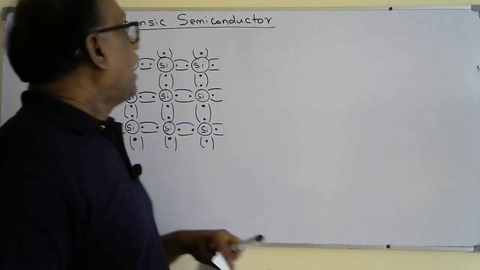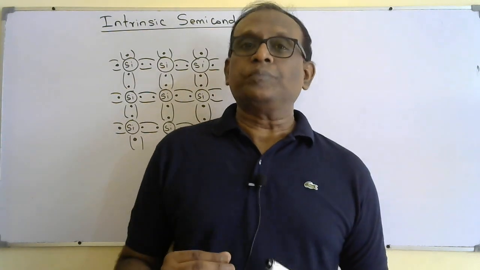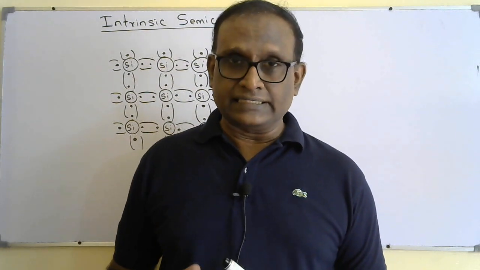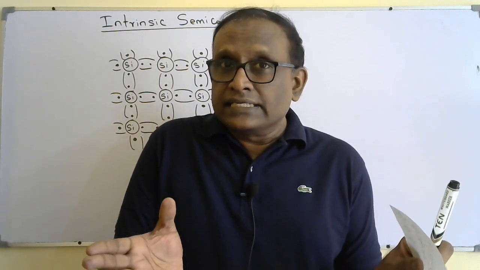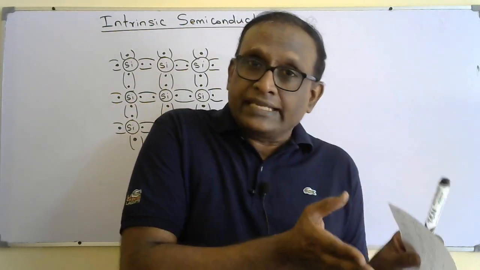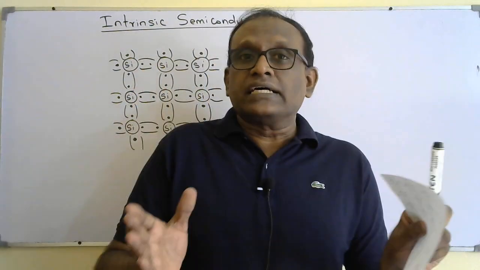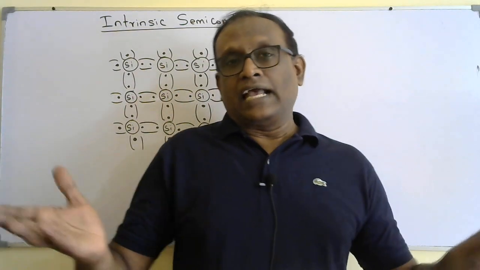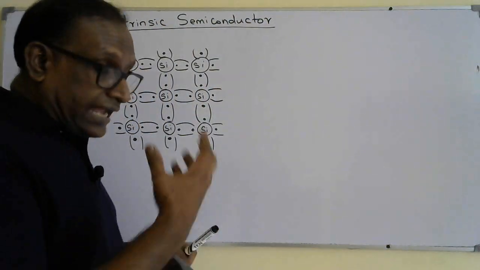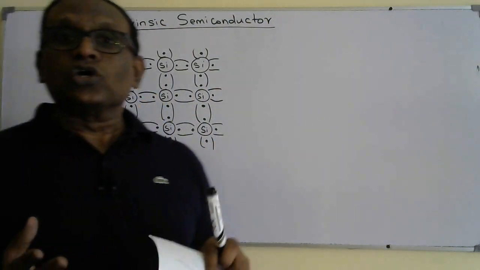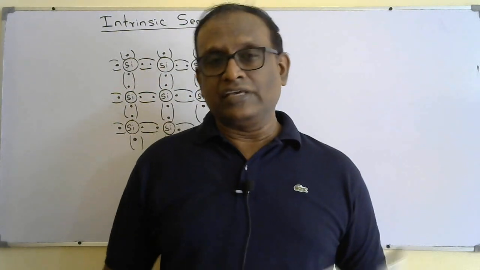So this is called an intrinsic semiconductor. Now we can dope this intrinsic semiconductor with either group 3 elements or group 5 elements, if I don't consider transition metals. If I include the transition metals, as chemistry students do, I can dope these semiconductors with group 13 elements or group 15 elements. Either way we can say.